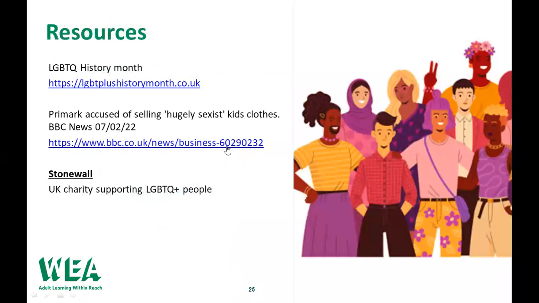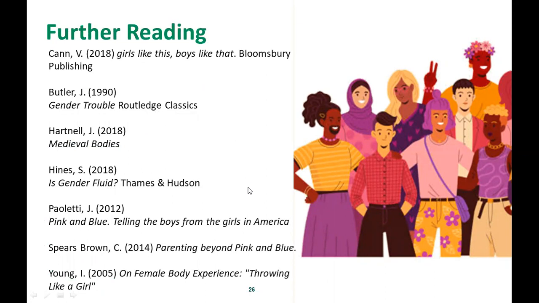I've got some slides here with some resources for you. There's a really good website called LGBTQ History Month, so if you want to find out more about LGBTQ plus history, it's a really good website to go to. There's the article there about Primark and the sexist kids' clothes. And there's also Stonewall, where you can find some information about LGBTQ.